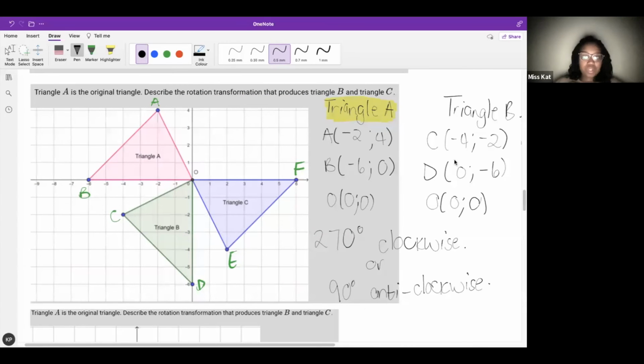Look here. A was -2 and 4. So I'm going to make -2 and -4. B was -6 and 0. Now it's moved down. How many units did I move? 1, 2, 3, 4, 5, 6, 7, 8.